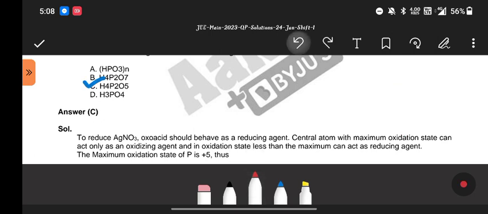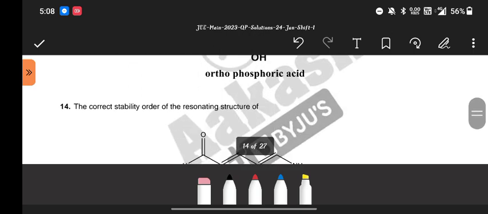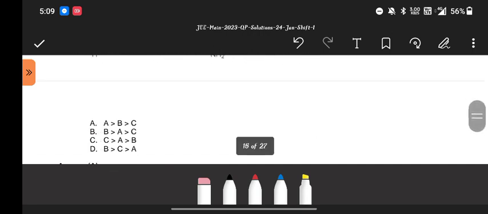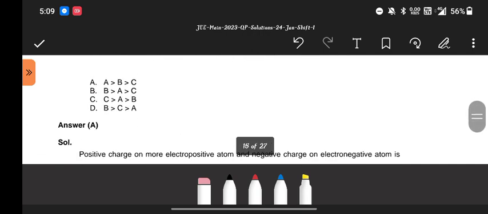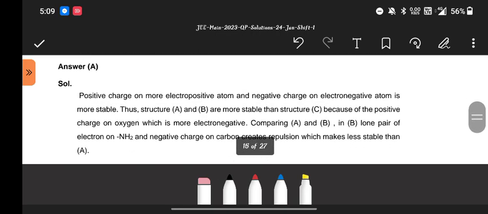Next is question 14. Here the question given is: the correct stability order of the resonating structures is. Option A is A is greater than B is greater than C. Option B is B is greater than A is greater than C. Option C is C is greater than A is greater than B. And the last is B is greater than C is greater than A. So here, positive charges, A is greater.